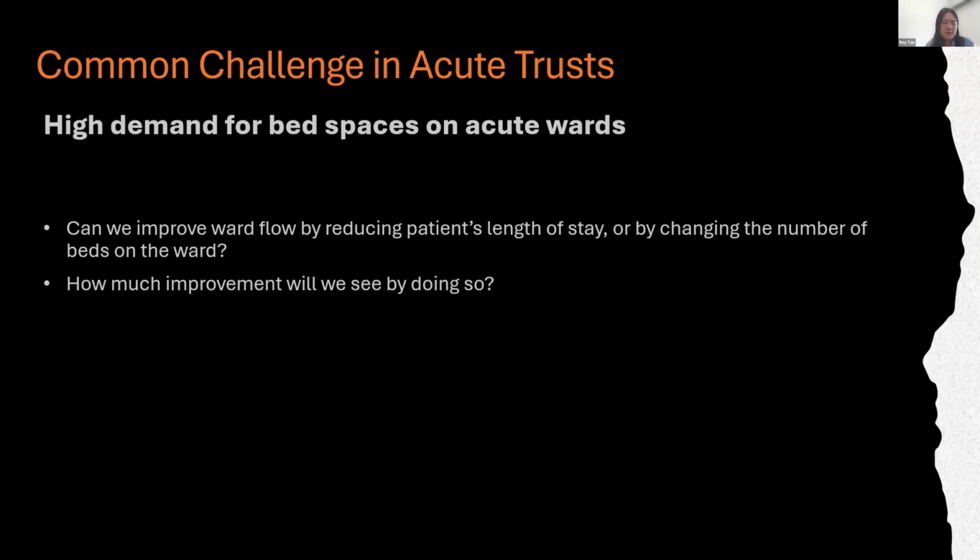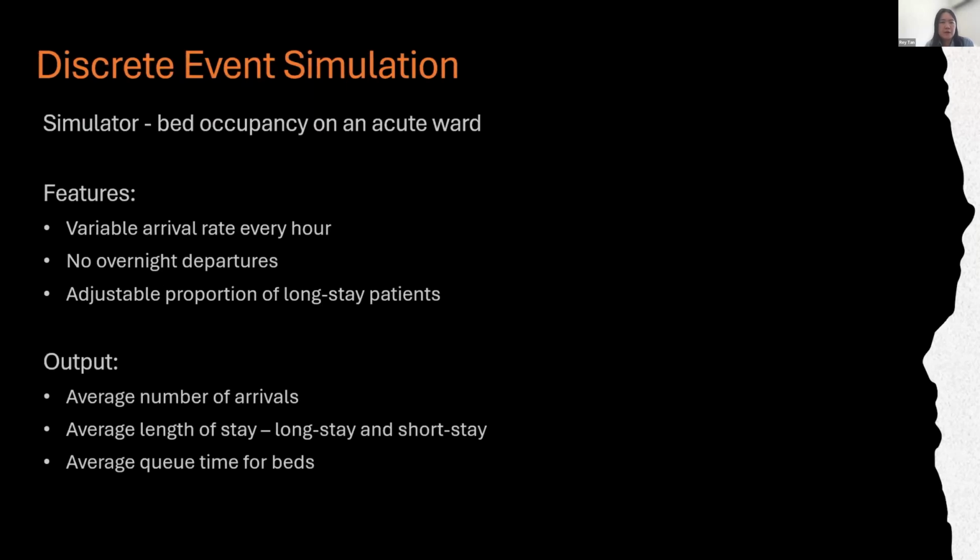So this simulator is basically trying to give us a better picture of the impact if we make those changes. This discrete event simulator, like I said, is a very simple bed occupancy simulator on an acute ward. Its features include a variable arrival rate every hour, because in real life we don't have constant arrivals every hour on the ward.